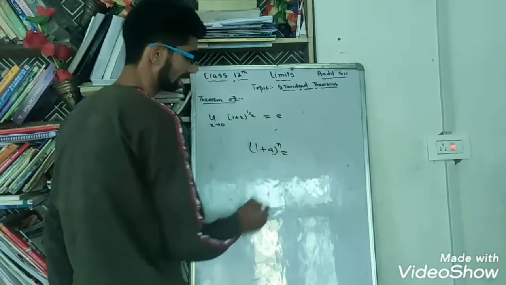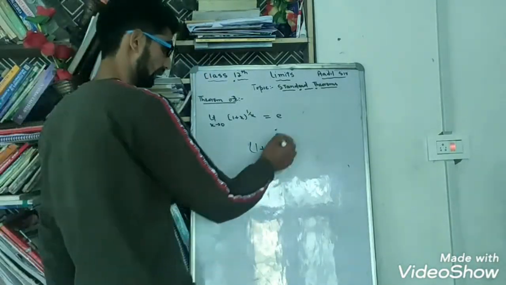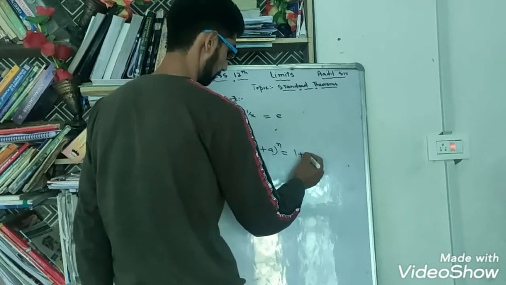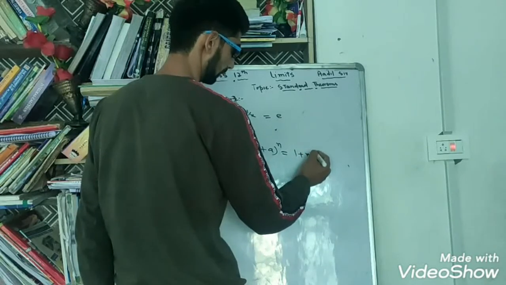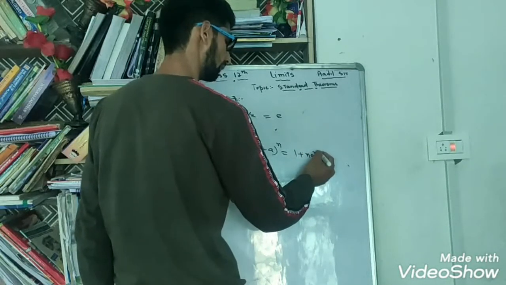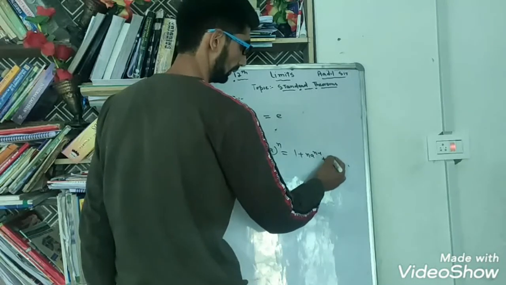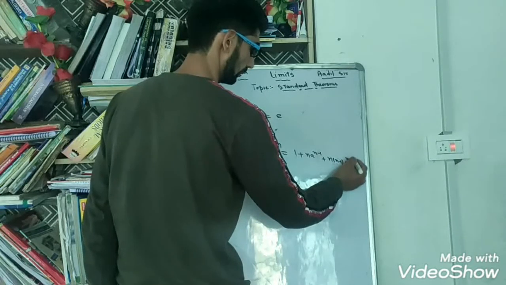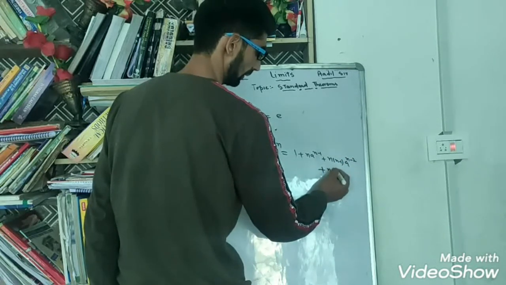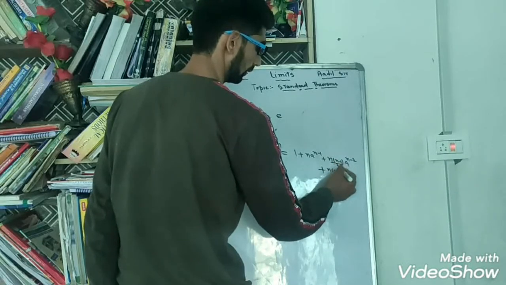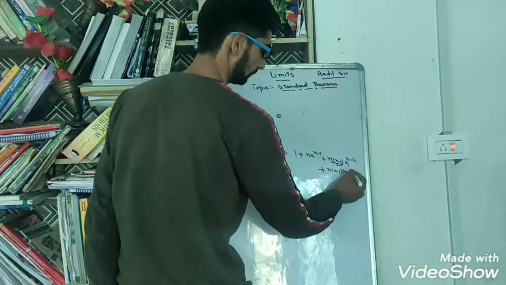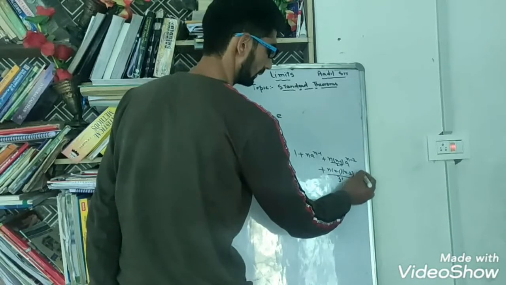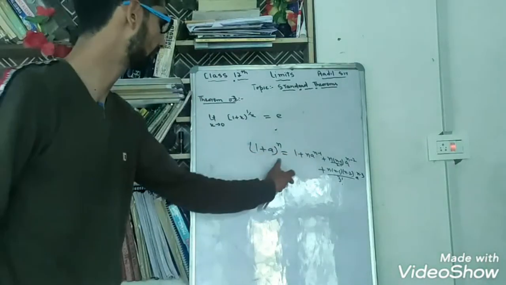I have given you the expansion of this, that is, 1 + n a^(n-1) + n(n-1) a^(n-2)/2! + n(n-1)(n-2) a^(n-3)/3!. So this is our expansion of (1 + a)^n.